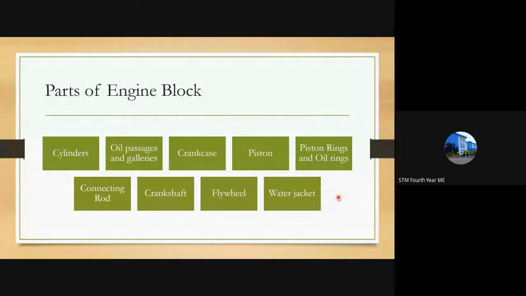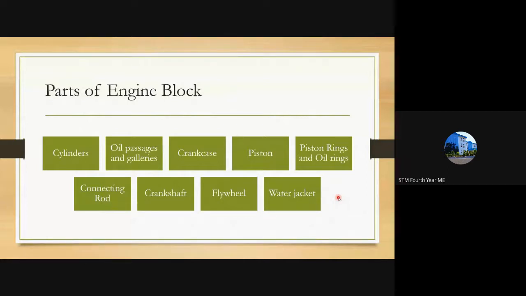So for lubrication and to control the heat generated, oil is supplied inside the engine block. For that oil to pass through and fall into the oil pan or oil sump, oil passages are provided in the engine block.